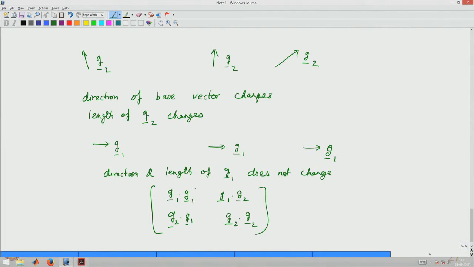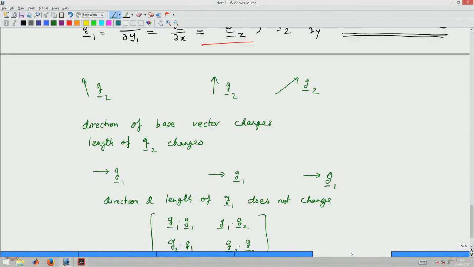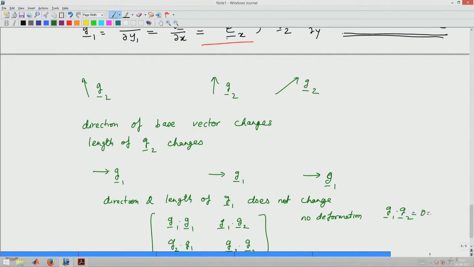In case gamma dot is 0, then there is no deformation in the material, G1 and G2 both do not change, and therefore, for no deformation, G1 will be perpendicular to G2 and therefore this will be 0, and similarly G2 dot G1.